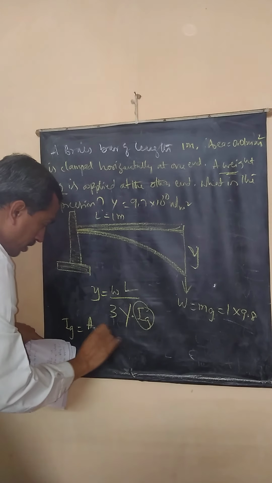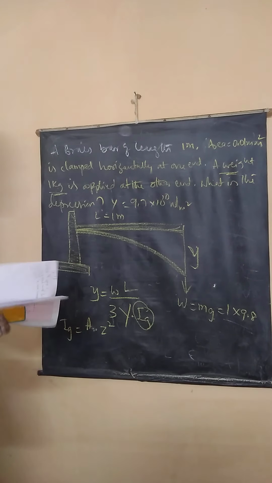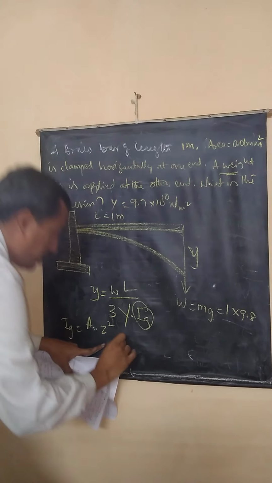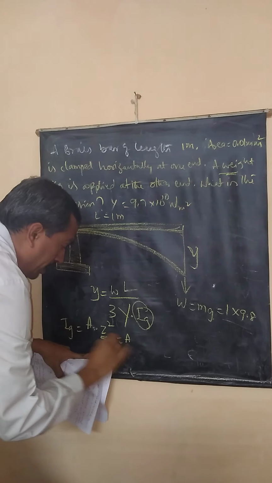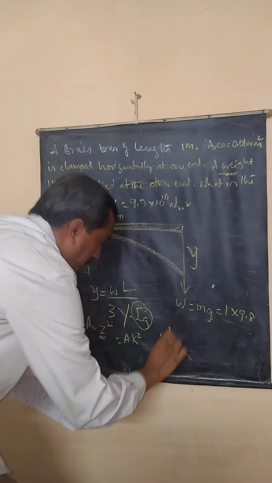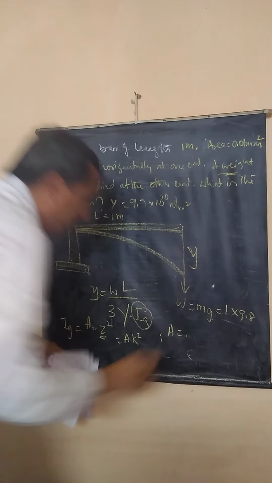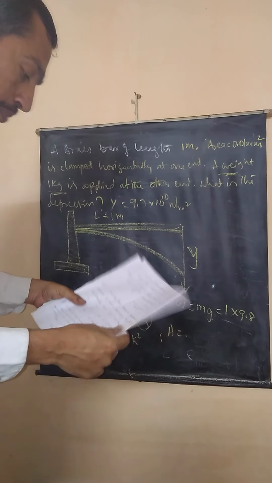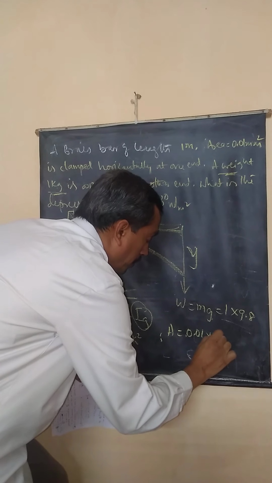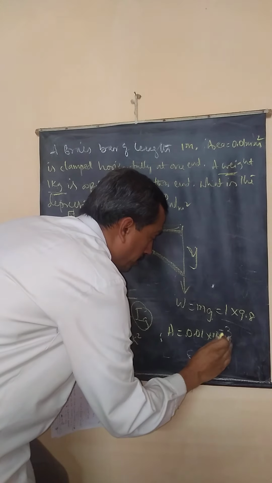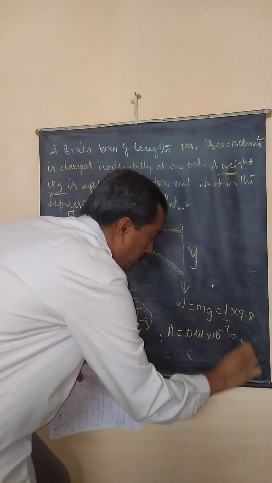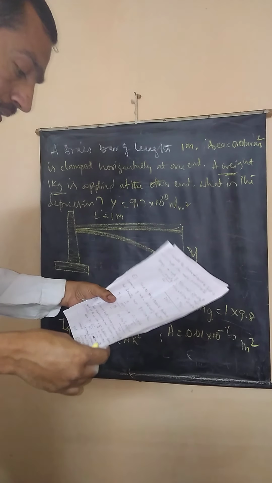Area into z square or k square. This is radius of gyration. Area, so you can use the letter A, K or Z. Area is length into breadth. Cross sectional area is given in the problem, 0.01 millimeter square. See here, minus 3 square means 10 power minus 6, correct? Meter square. Area is given.